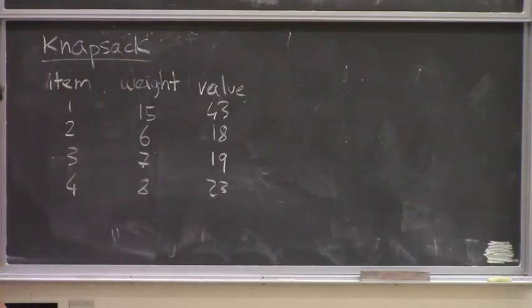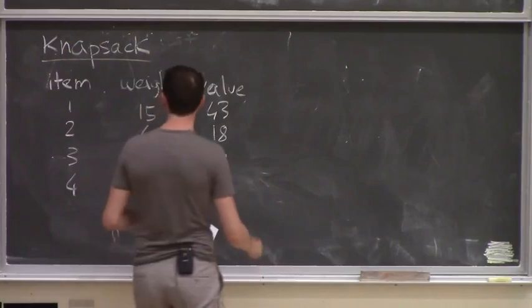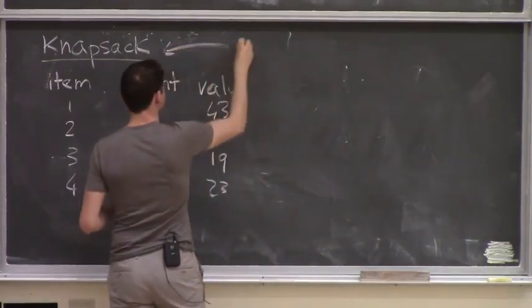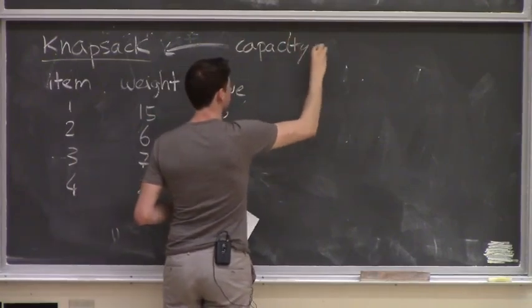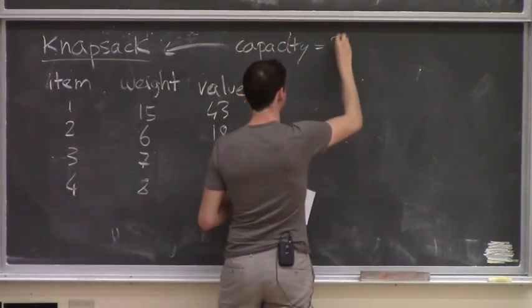These are the things that are sitting in a pile, and our knapsack will have a certain capacity, a maximum weight that it can carry. Say, in this example, it's going to be 30.